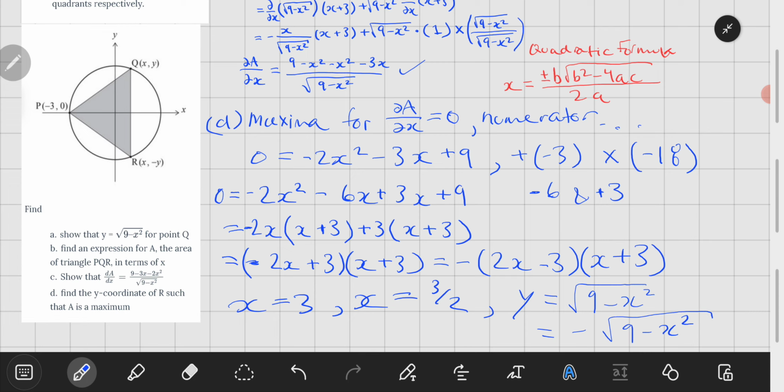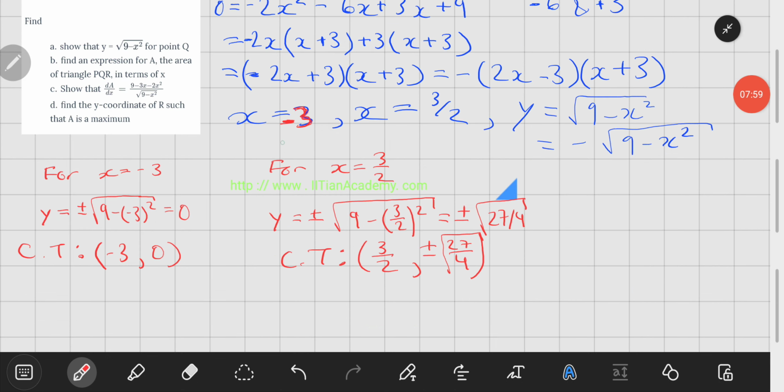So we will substitute our x values into this equation to find our corresponding y values and our critical points. Note that there was a minor correction.